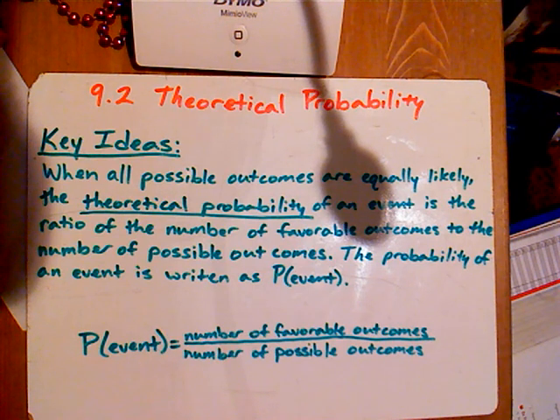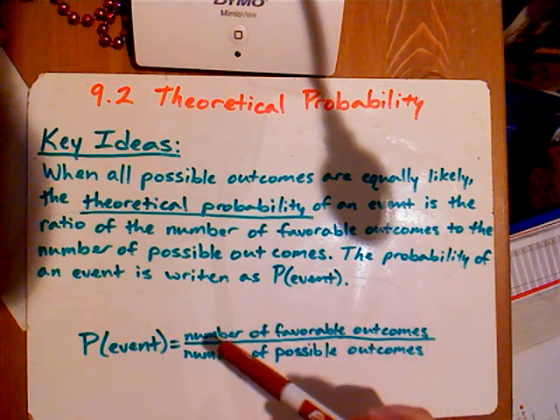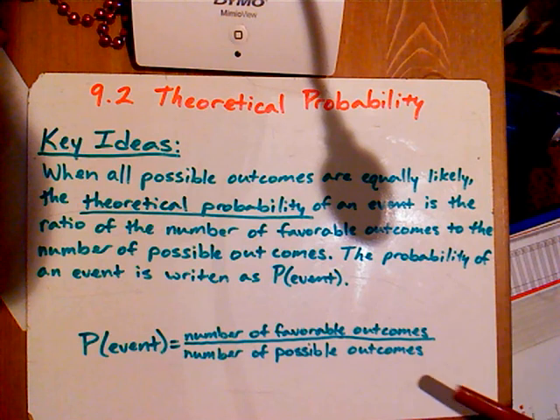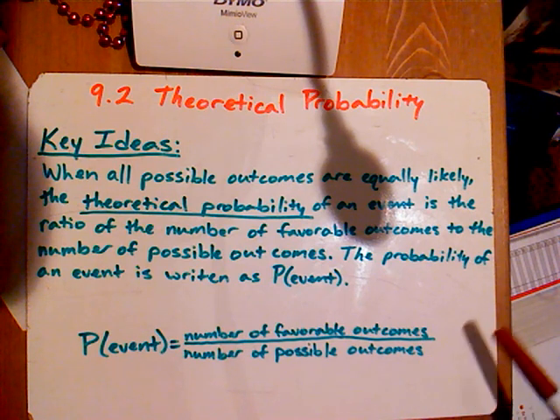The probability of an event is written as P with the event in parentheses. So it's written here, P, the event in parentheses, equals, and then here's your ratio: the number of favorable outcomes over the number of possible outcomes. Okay, and that is theoretical probability.